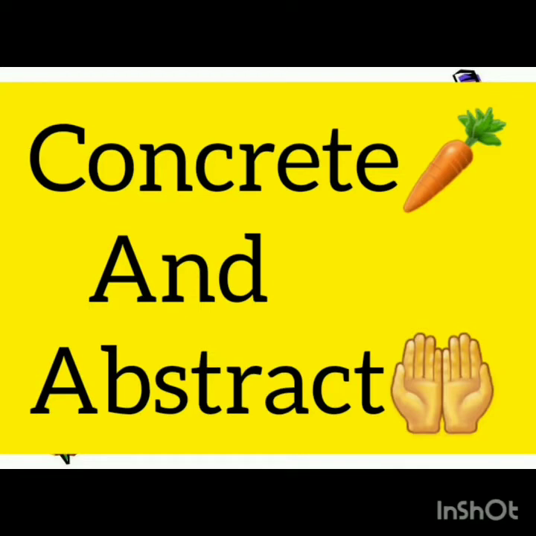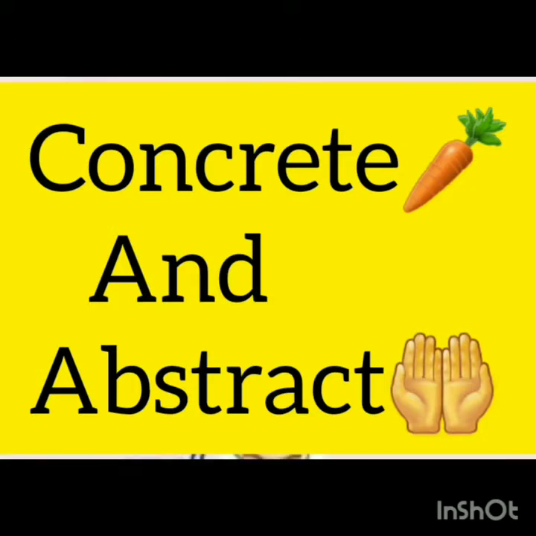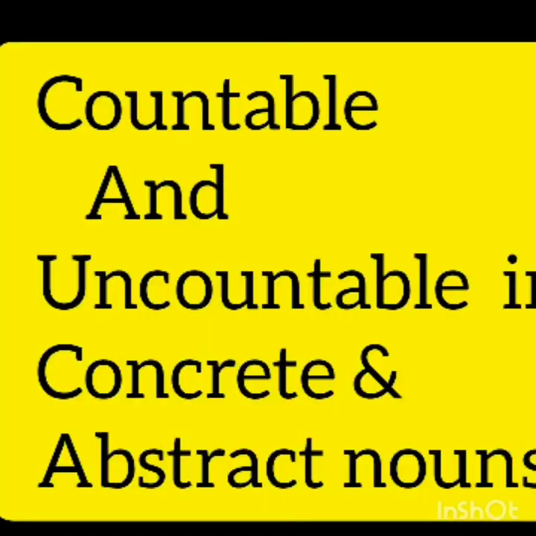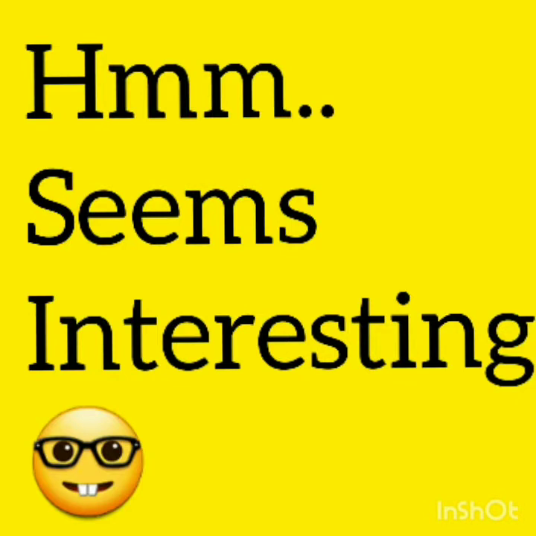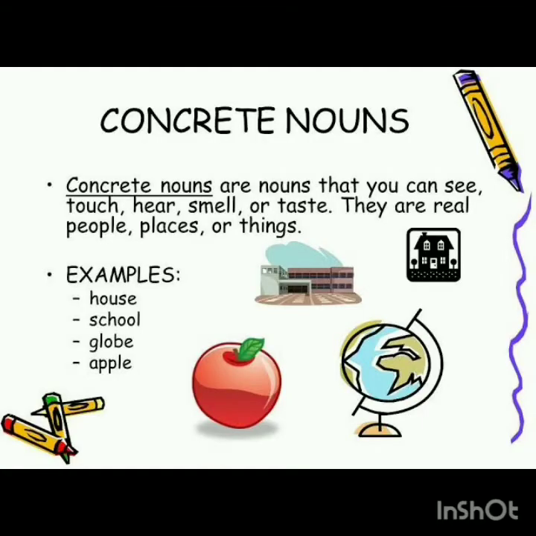So let's have a quick recap of concrete and abstract nouns, because today we are going to learn them in detail, in order to categorize the countable and uncountable nouns in both concrete and abstract. Seems interesting. Let's see. Concrete nouns are nouns that you can see, touch, hear, smell, or taste, and they are real people, places, or things.